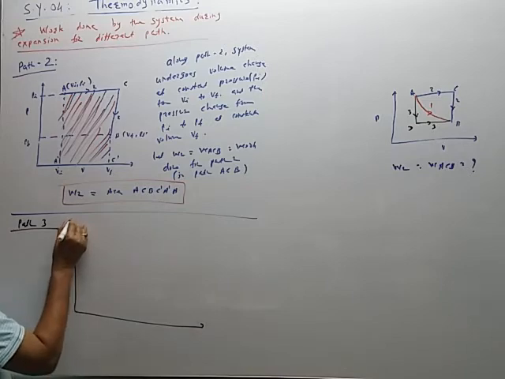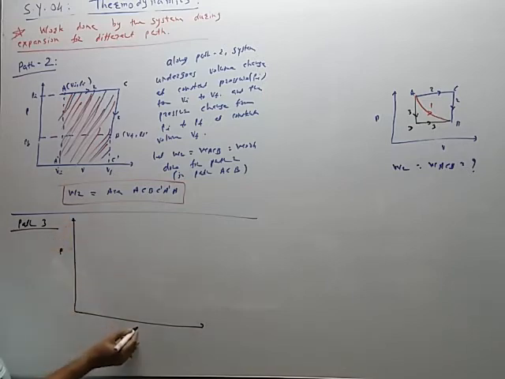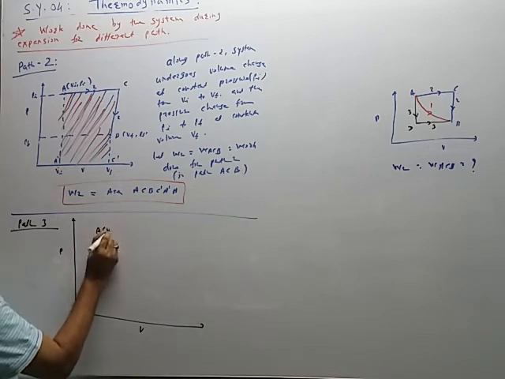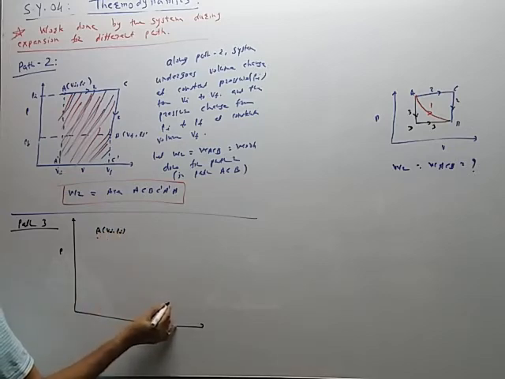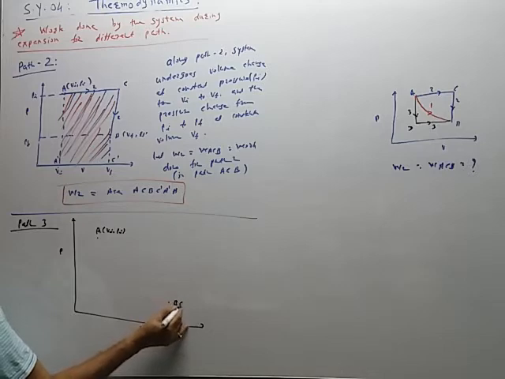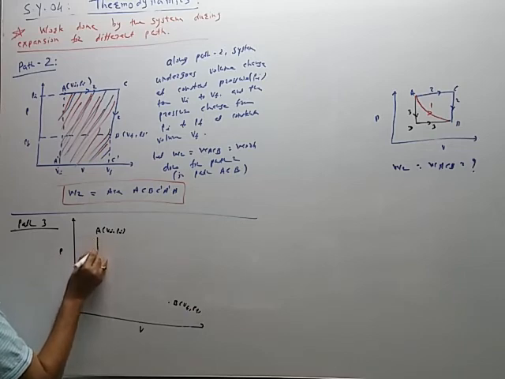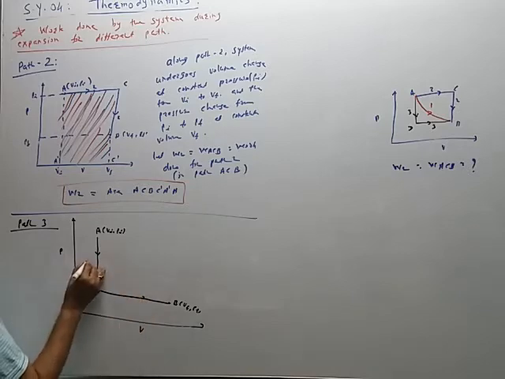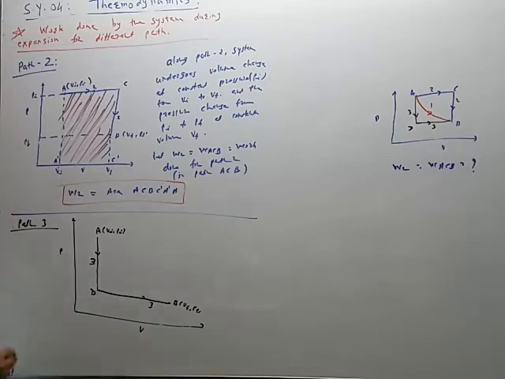So initial and final states are the same on the PV diagram. So A is the initial state Vi, Pi, and B is the final state Vf, Pf. So initially the pressure changes from Pi to Pf and then volume changes like this. So this is path number 3, ADB.